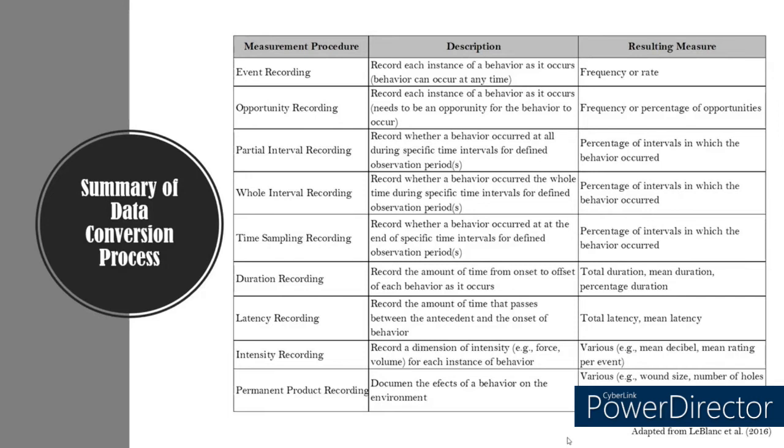And exactly like the partial interval recording, we count the number of tick marks, but the only difference is in the recording of the data. And then we calculate the percentage of intervals in which the behavior occurred.